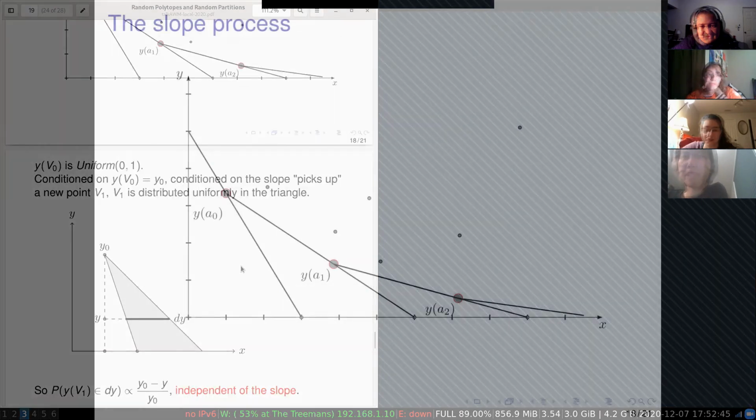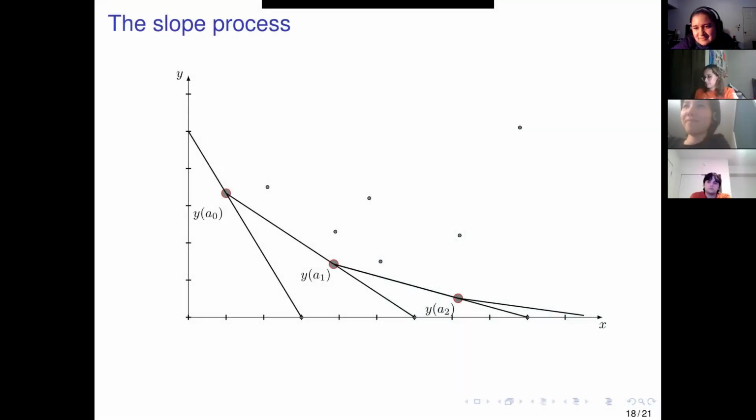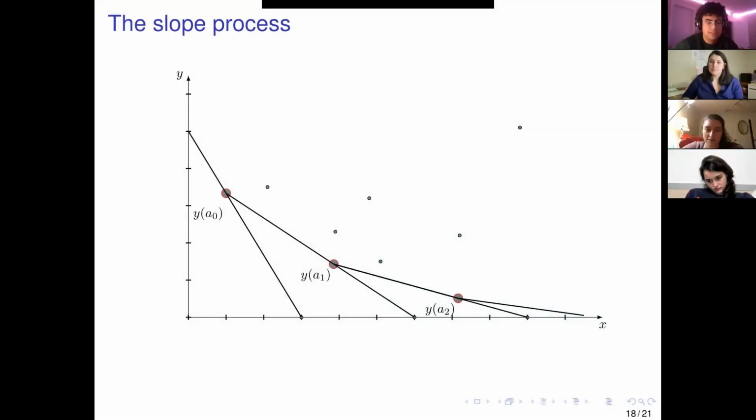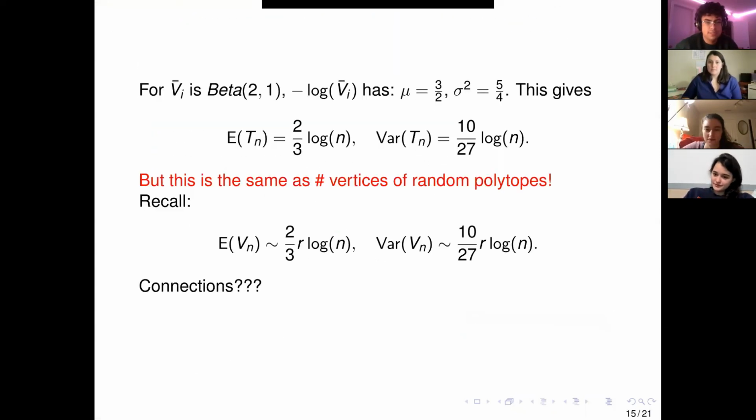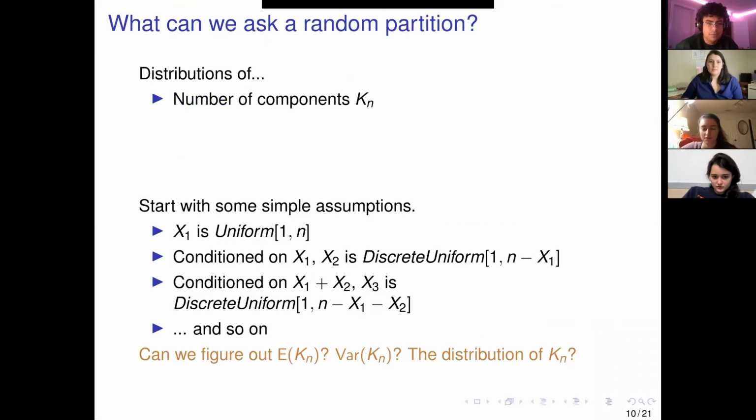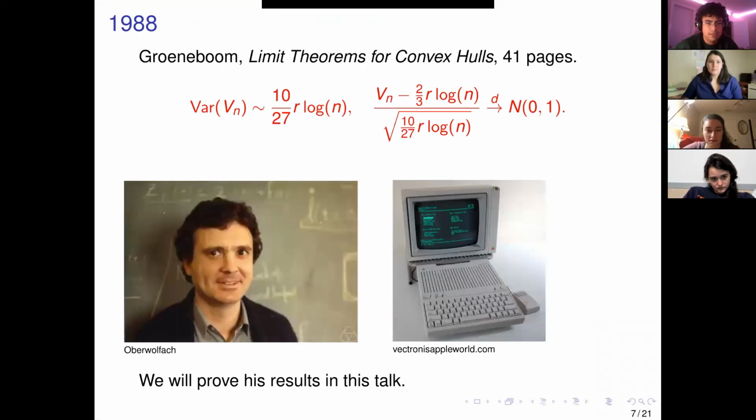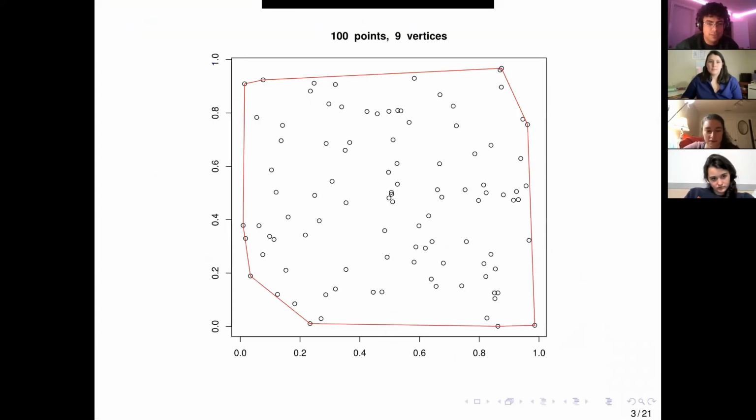Can I ask about one of the things you talked about? I came in a little bit late, so I just wanted to make sure I had it right. What was the statement? It was the expected value of the number of vertices on our randomly created convex hull. So the expected value is the number of vertices that are actually a part of the convex hull, right?